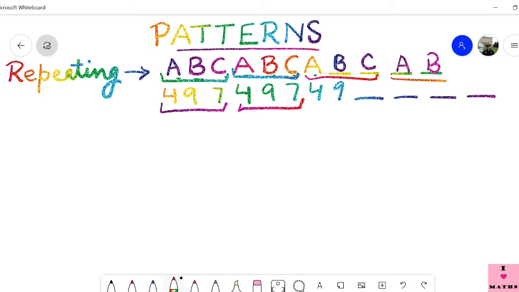So 4 and 9 is there, so you would write here 7, then 4, 9, 7. So this is the repeating pattern. They are very easy. Sometimes you get them in the form of shapes too, something like this.